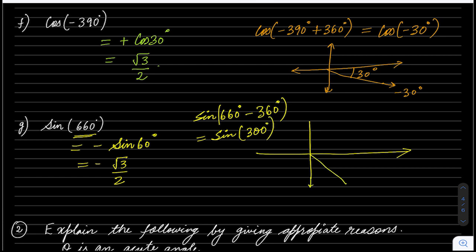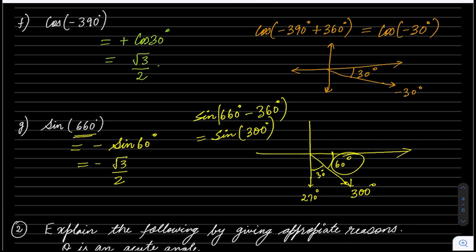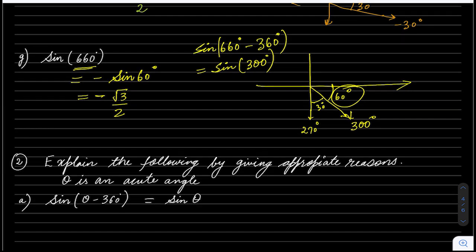And this I can easily work with. 300 degrees: this is 270, so this is 30 degrees, and this becomes 60 degrees. This is my angle 300 degrees. So again, I am getting the same thing, 60 degrees with the horizontal, and it's in the fourth quadrant. So the answer is minus sine 60. So there are two ways when you have larger values of theta. Then you can use these two methods to find the values.